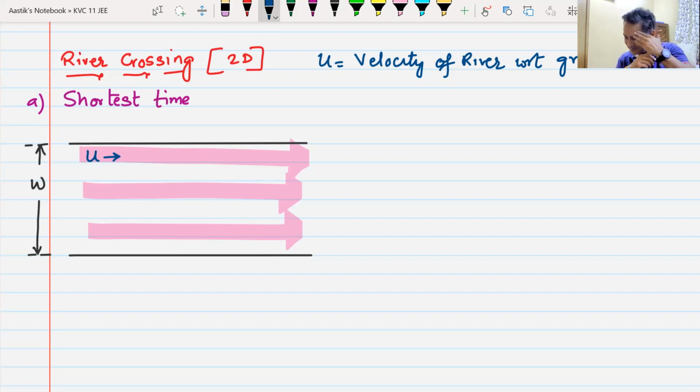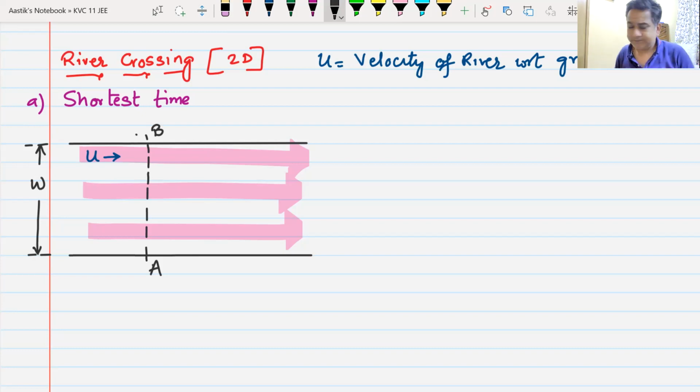Now, how should he cross the river? Normally, you would be having this point A on this bank of the river, and you would be having a point B exactly opposite to that. Now, the question is, he can swim in various ways.